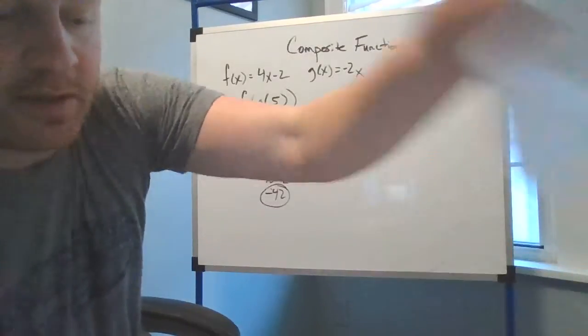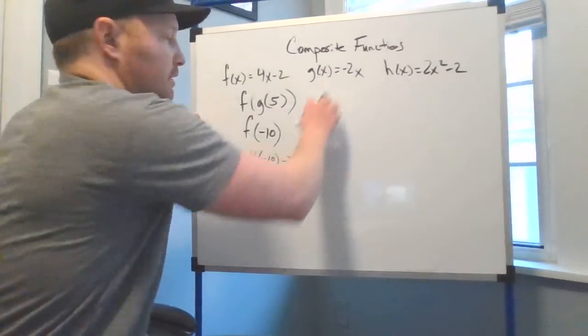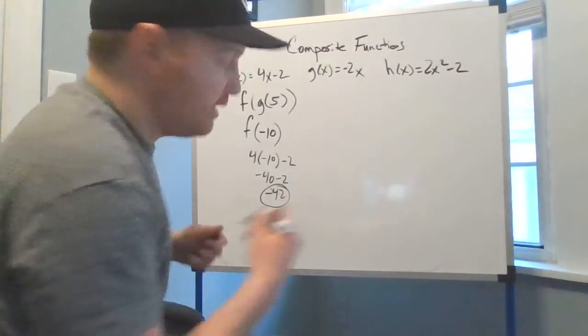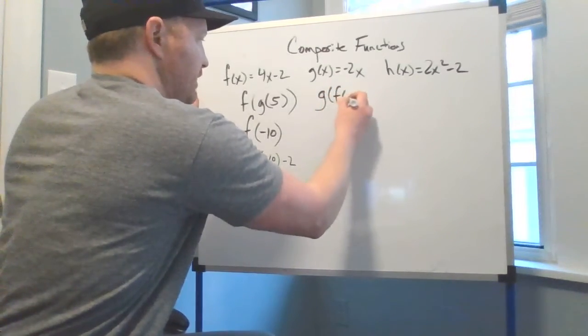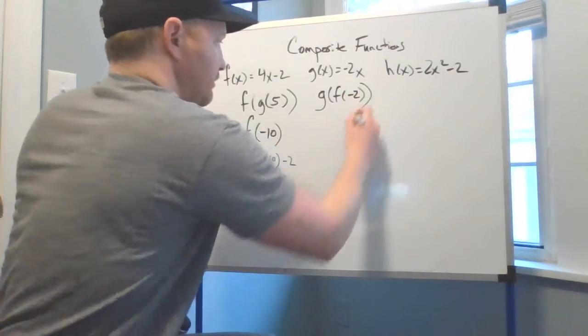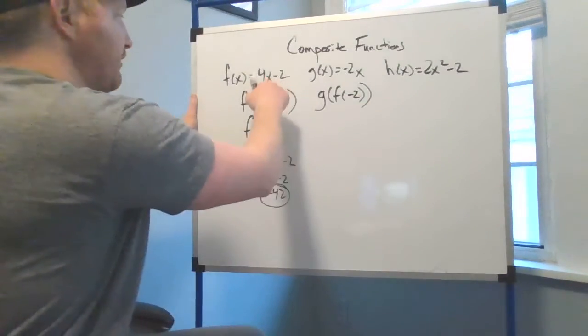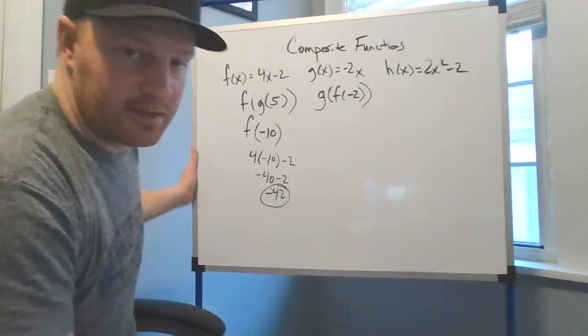So let's keep doing this with a couple more. And again, I'm just using these functions for now. All right, now the new question is going to be, what is g of f of negative 2? So I go into the f of x function now, because that's the inside one, input that negative 2, and I want some of this to be mental math.